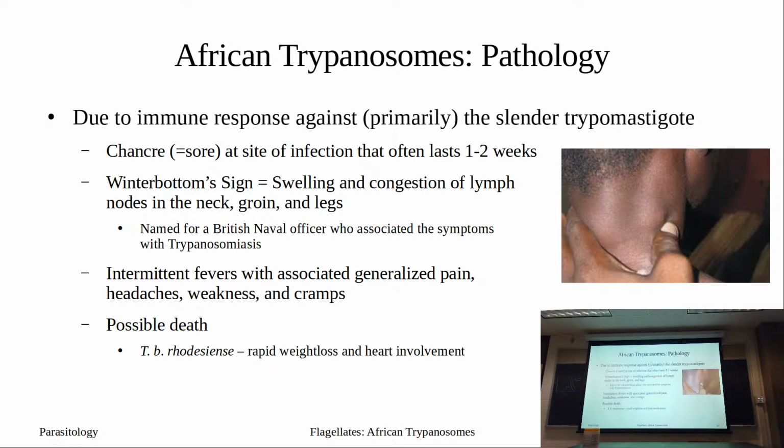Winterbottom sign was named for a British naval officer who recognized that individuals who had these symptoms probably had a disease that wasn't going to allow them to survive. And it's pretty disgusting what the history was. This was the slave trade that was happening.